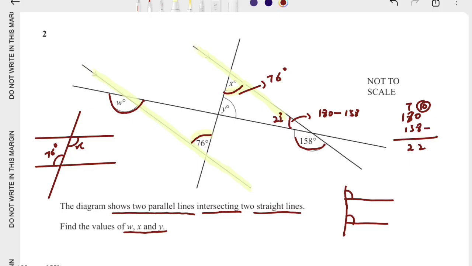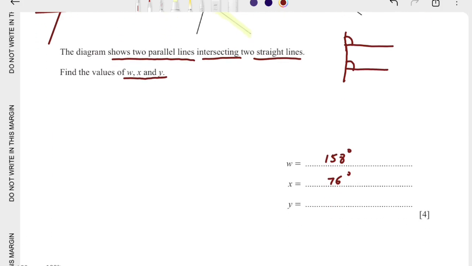Now look at this one. The interior angles of a triangle is equal to 180 degrees. To find out this triangle, we are going to add these two angles 22 and 76 and subtract from 180 degrees. y plus 76 plus 22 is equal to 180 degrees.